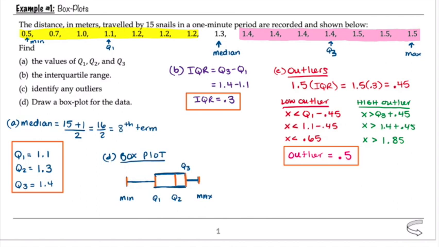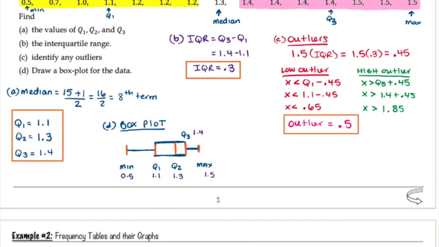And this would be me representing my data. I am going to include a little bit of stuff because I wasn't given a grid. So I'm just going to identify my min, my quartile 1, quartile 2, quartile 3, and my max.